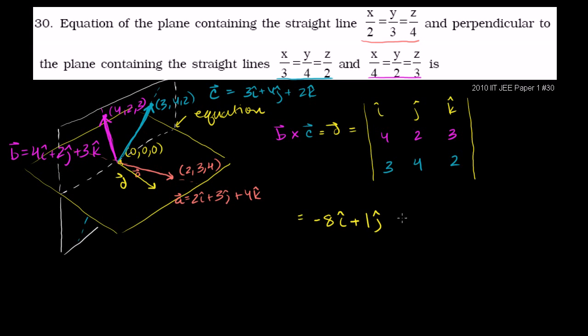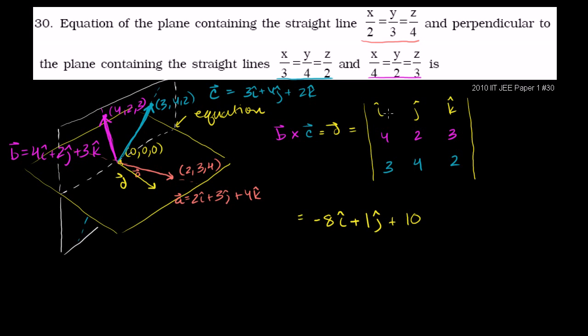j. And then finally, the k, you cross out that row, that column. 4 times 4 is 16, minus 6 is 10. So plus 10. Let me make sure I got that right. So the first one, I always have to make sure. I got, yep, 4 minus 12 is negative 8.